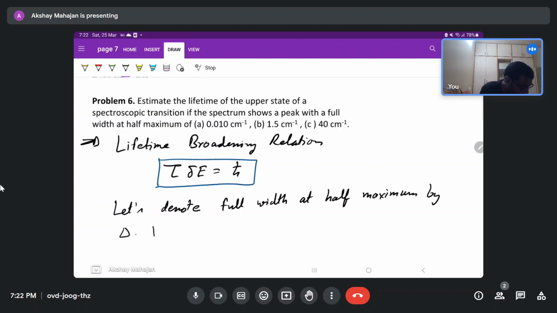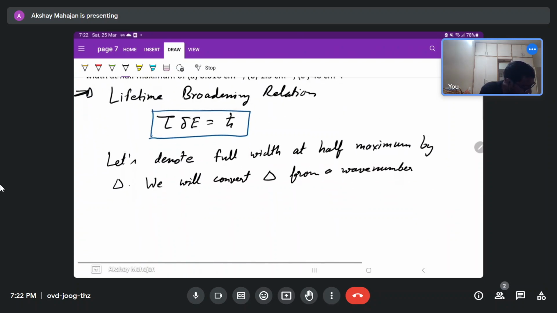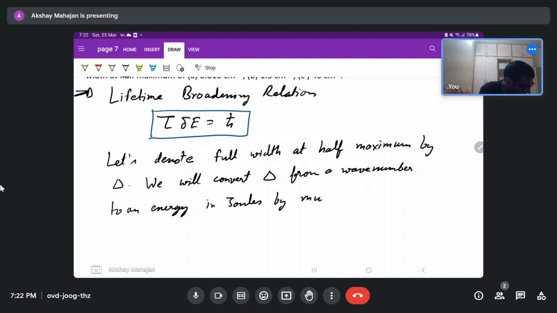Now we will convert this delta from a wave number to an energy in joules by multiplying by hc.